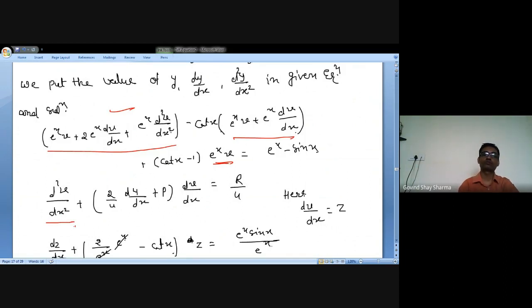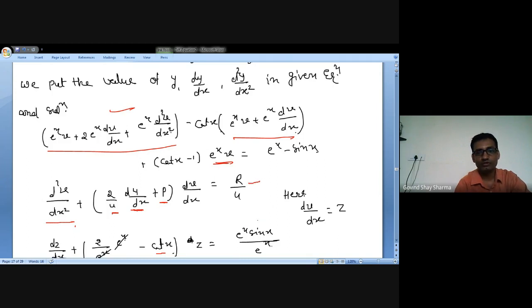When we solve all the terms, we know the direct solution of this equation: d2v upon dx2 plus (2 upon u du upon dx plus P) dv upon dx equals R. So we put the value u is equal to e to the power x, du upon dx is also e to the power x, and P is equal to minus cot x, and R is equal to e to the power x sin x.